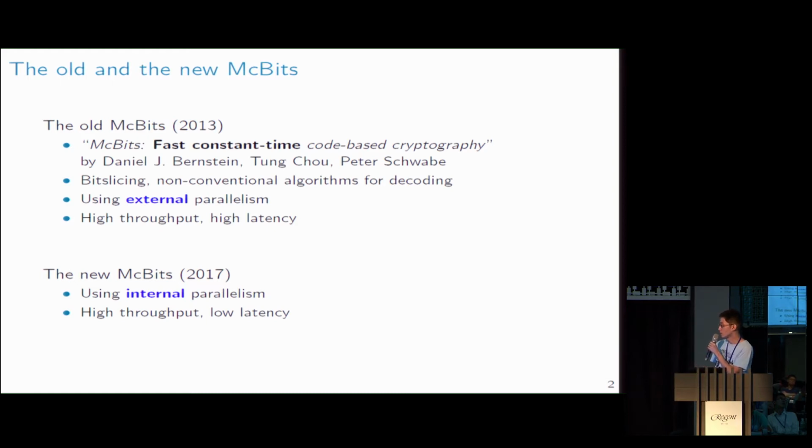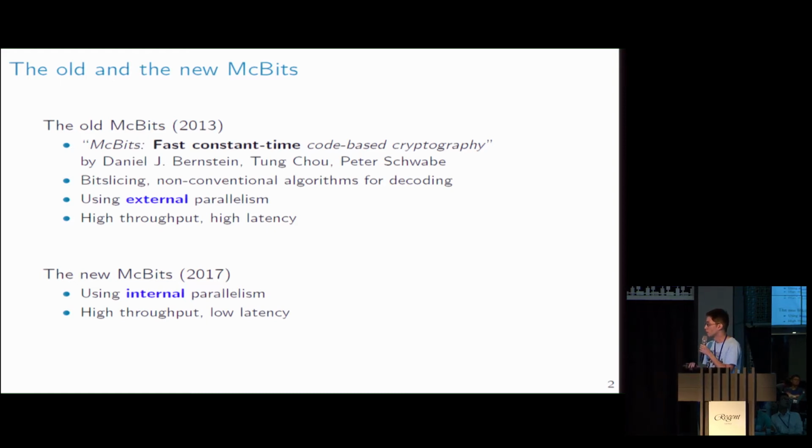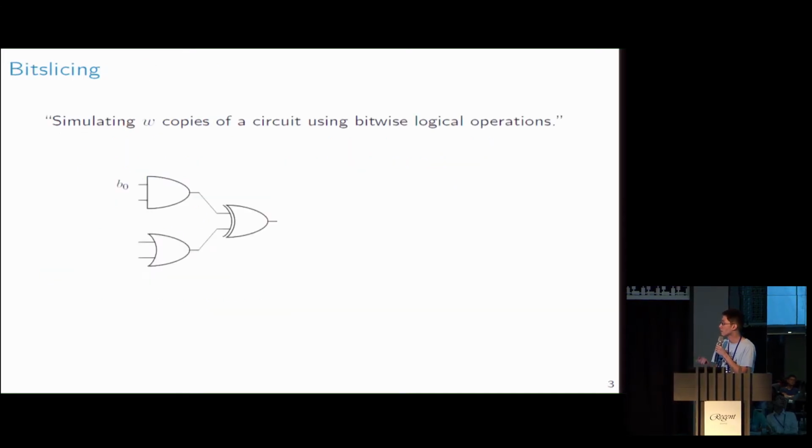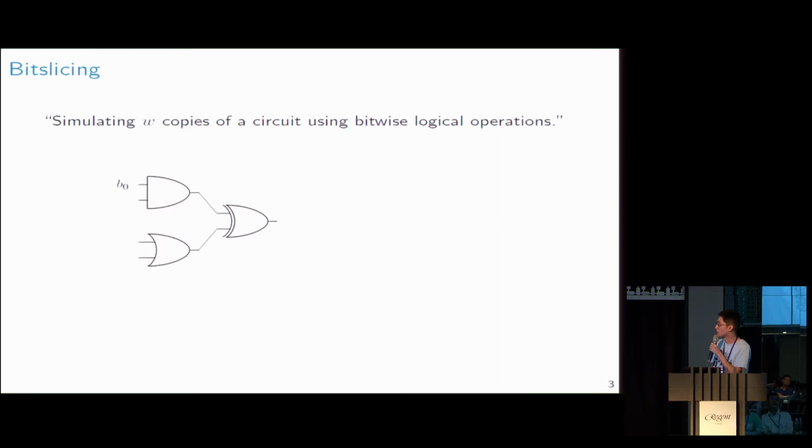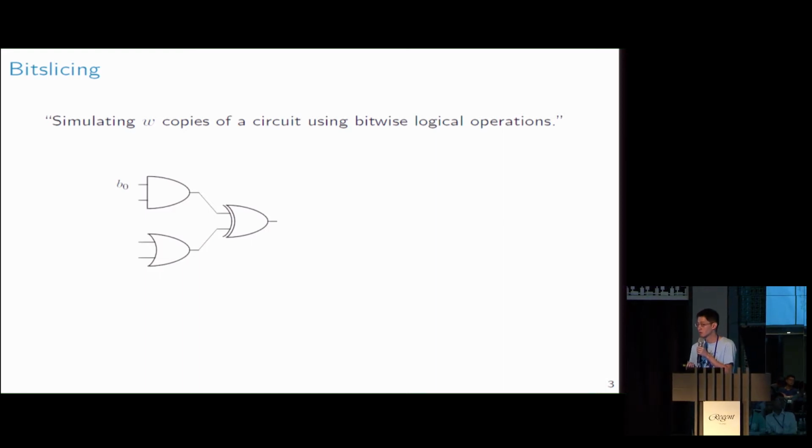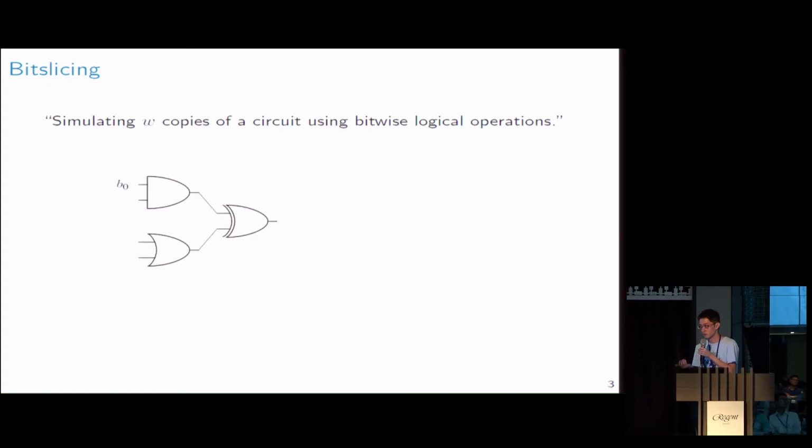Now I want to elaborate more on what I mean by external and internal parallelism. Imagine you want to simulate a hardware circuit like this in software. The simple thing you can do is put all the data in the first bit of your registers, and then do some logical operations between these registers.